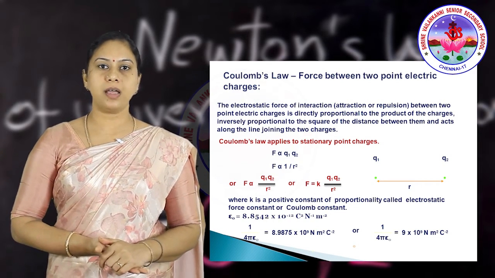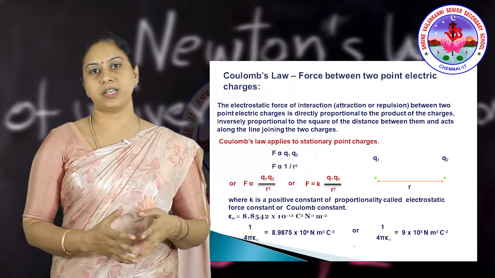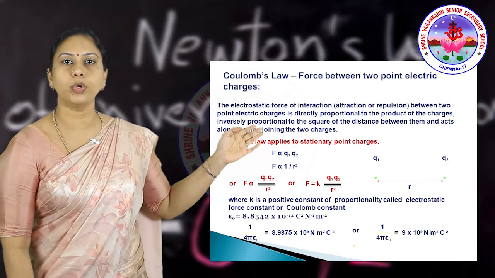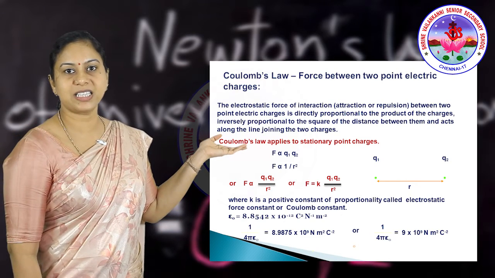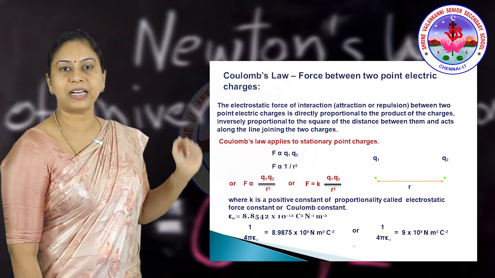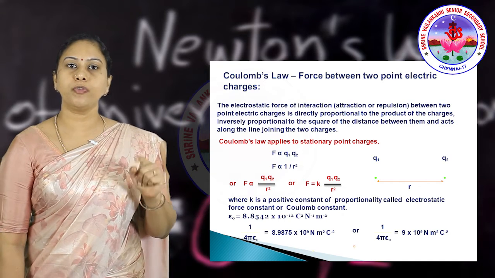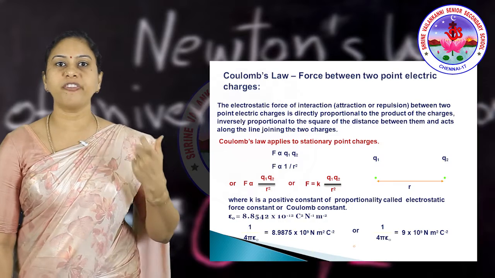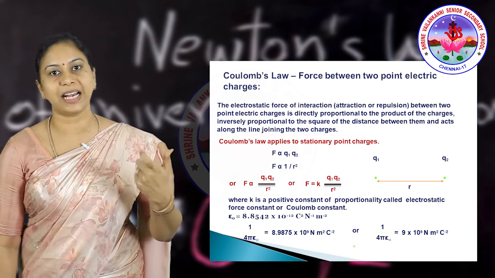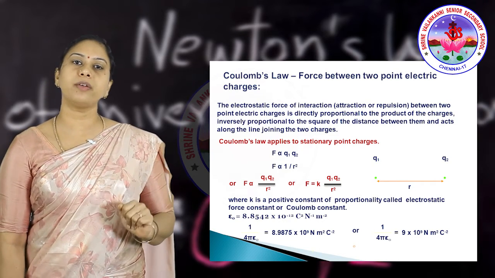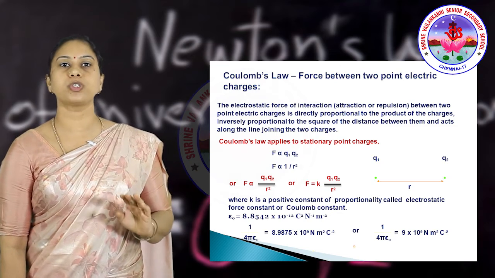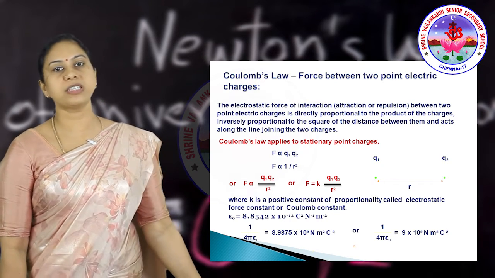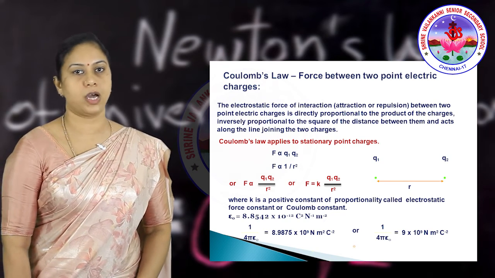Coulomb's law for stationary point charges: we are seeing on the screen Q1, Q2 and the distance between them, r. What is the mathematical relation? The force of attraction or repulsion is directly proportional to the product of the charges, so F is proportional to Q1 Q2, and F is inversely proportional to 1 by r square.